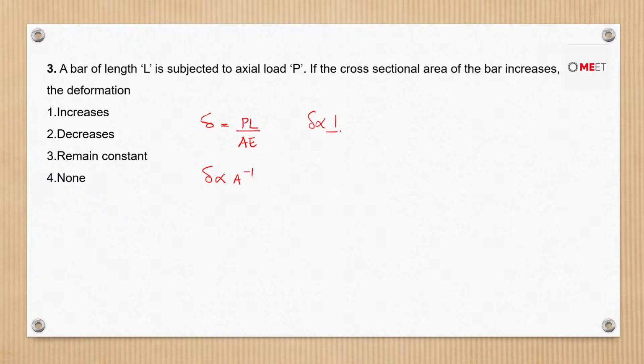So as area A increases, delta decreases. So option 2 is the answer.